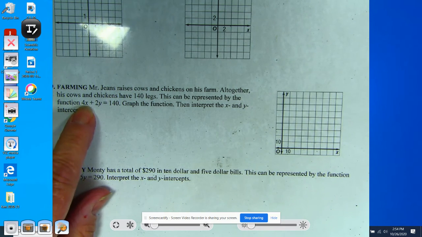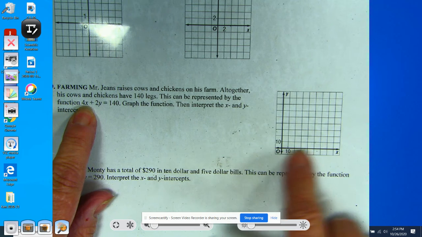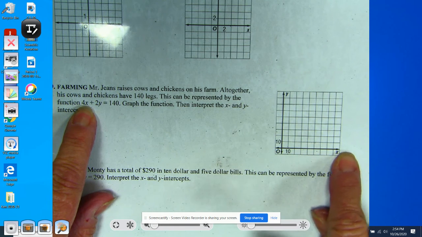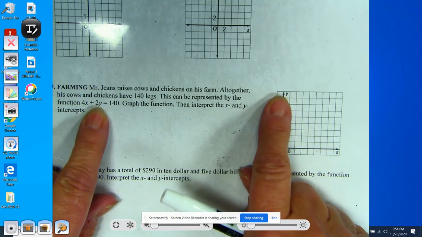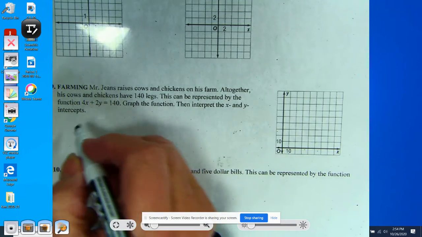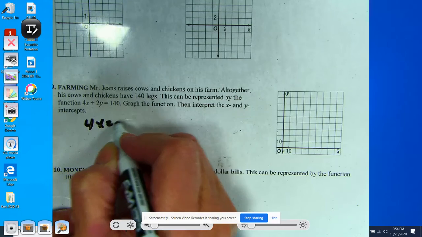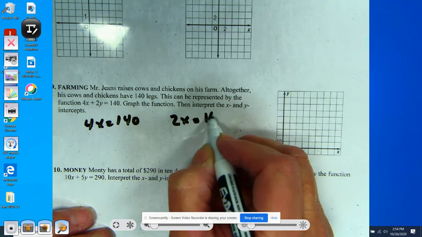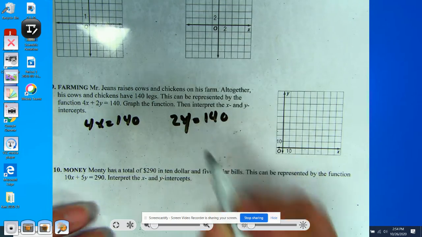So x is the four-legged creatures, that means that line represents the four-legged creatures, and y is the two-legged creatures. So again, 4x equals 140. 2y equals 140.